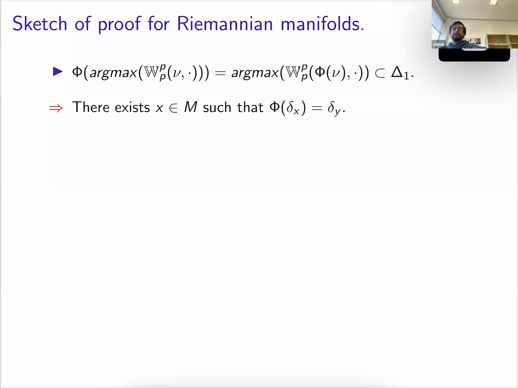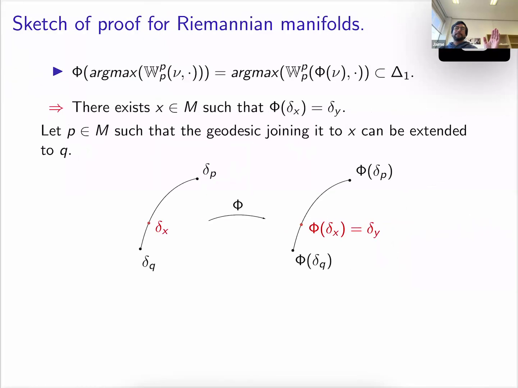And here is really where one uses the fact that we are on a Riemannian manifold. Because then I just pick some other point P in M such that the unique geodesic joining it to x can be extended a little bit up to some other point Q. And then I have a similar argument.